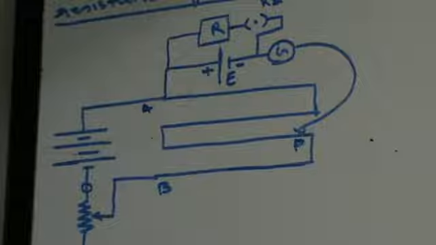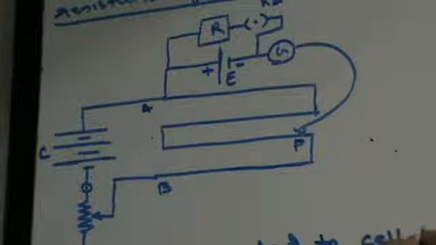Now, let's see this. Let's assume that battery C is connected to cell E, whose internal resistance has to be determined.